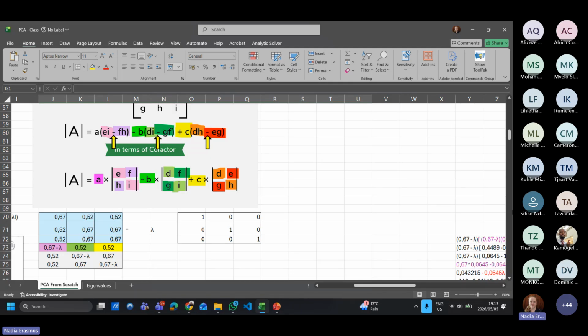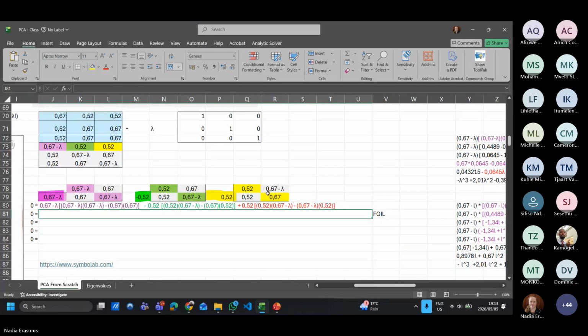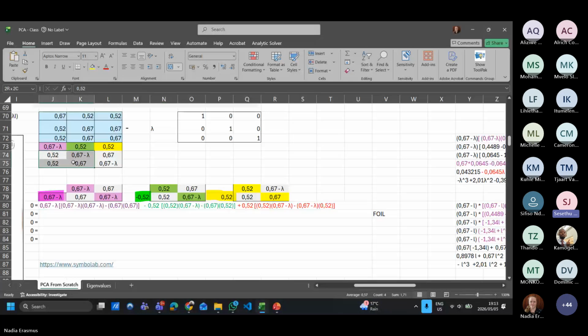Okay, so I see there's hands up. Let's say Setsu. Hi, Nadia. Could you please go back to where we were before? Shouldn't the last numbers in red, can you just double check that?